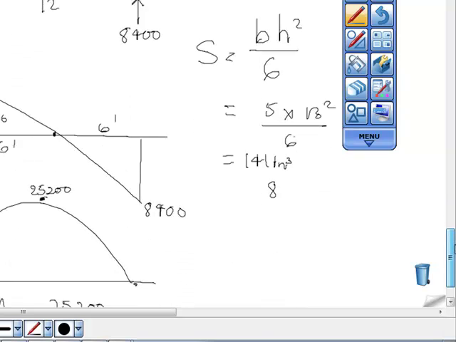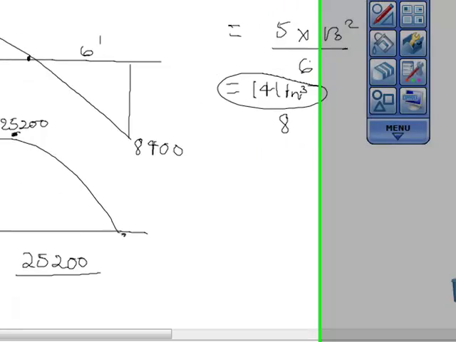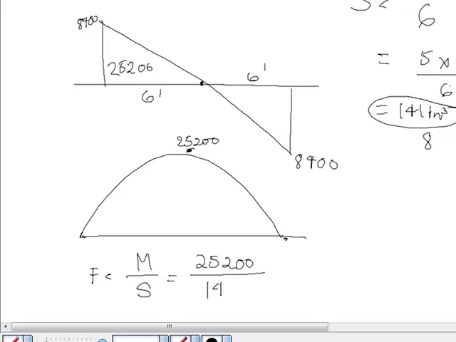So back down here, that's our S. So back to this formula, we got F equals M over S. So F equals 25,200 over 141 equals... 25,200 divided by 141 equals what?